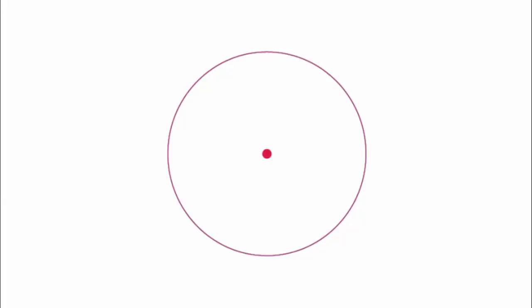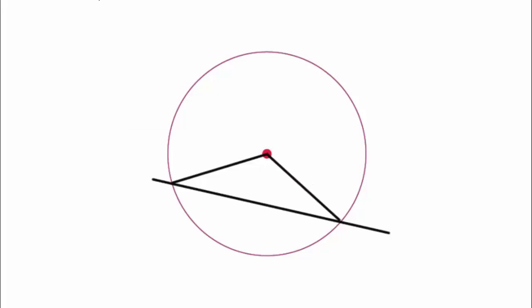The second one is if we draw another chord, but it intersects two points in the circle. So it intersects here, and intersects here. If we, from the centre point, draw two lines hitting the intercepts and form a triangle, this triangle is an isosceles triangle, and it's got the same size for two sides, so each of those sides is the radius, and that means that this angle is the same as this angle.